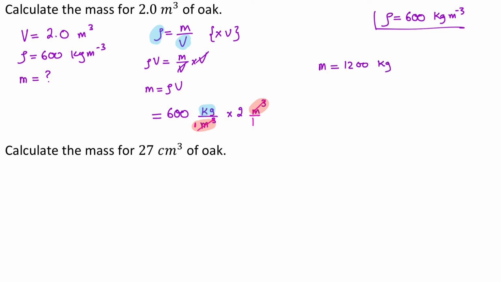That's what I'm left with. Basically, on the numerators, I have 600 and 2 being multiplied by each other to give me 1200. And my unit that I'm left with is kilograms because these canceled out. And it's not asking me to leave my final answer in a certain unit, so I can just leave it as kilograms, and that's fine.